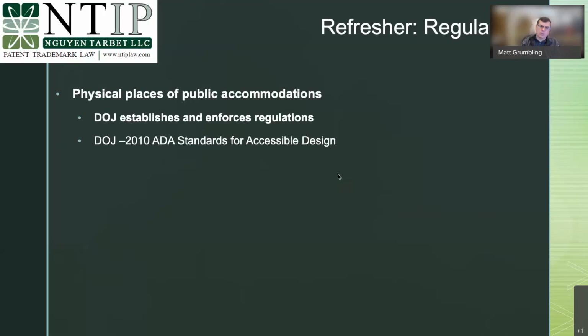You can probably follow these standards for accessible design, and many of them may have already been incorporated into local municipal codes, which would make it even easier.